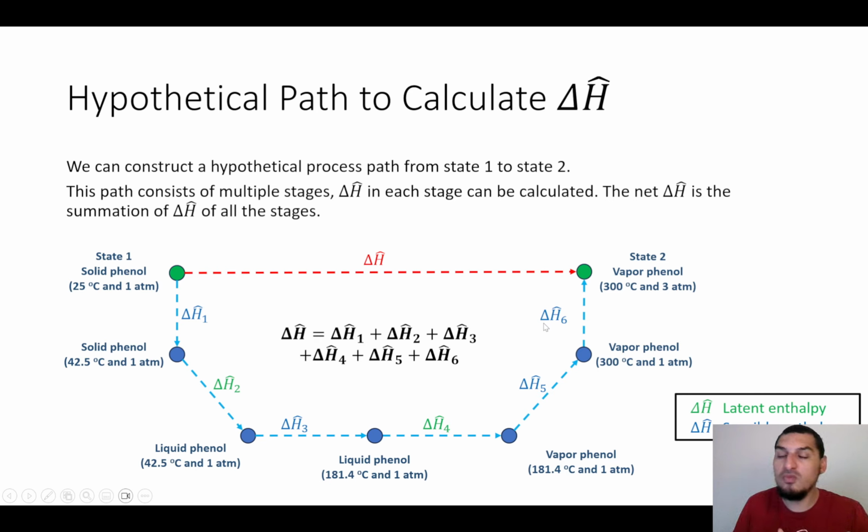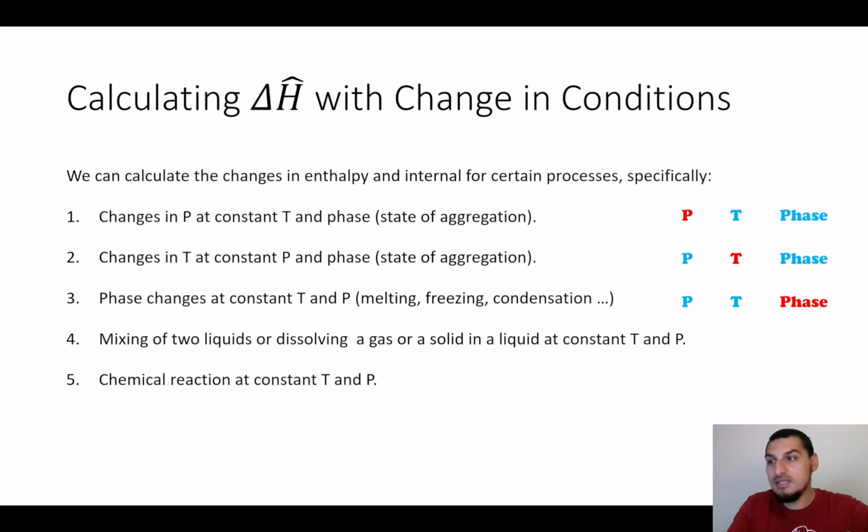I couldn't combine more than one because this is what we can calculate. So I have to break the delta H into small segments. Each one of them is one of these cases that we have here: either changing pressure at constant temperature and phase, constant pressure and phase and changing temperature, phase change, or whatever. So these are the cases that I can deal with.